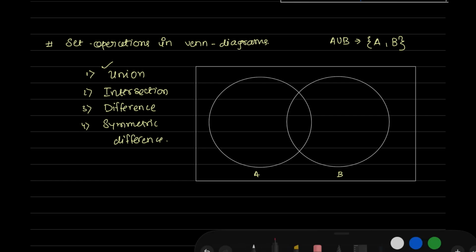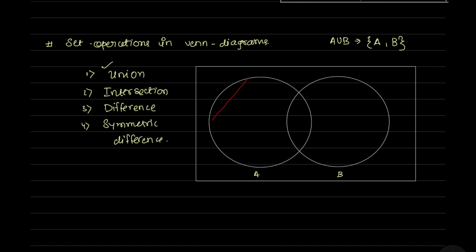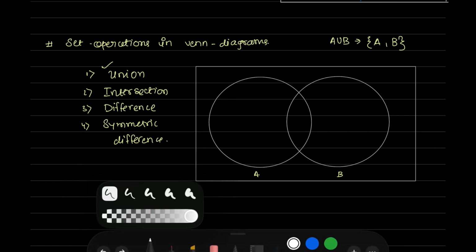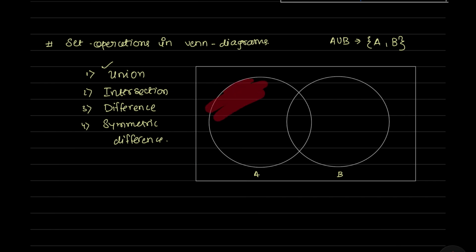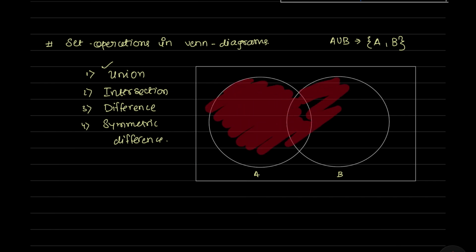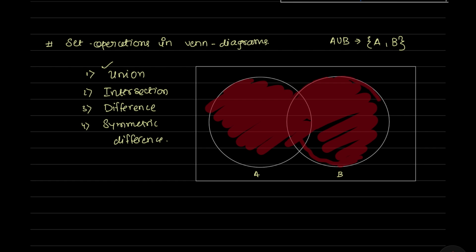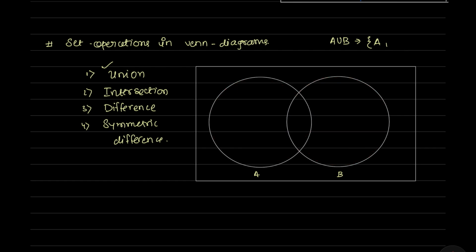So by this logic, we will have all the elements in A as well as B. Let me just draw them. So this portion will basically be A union B. Alright, this entire portion.